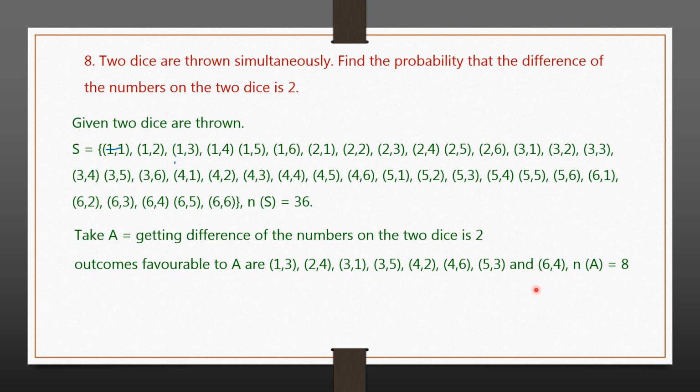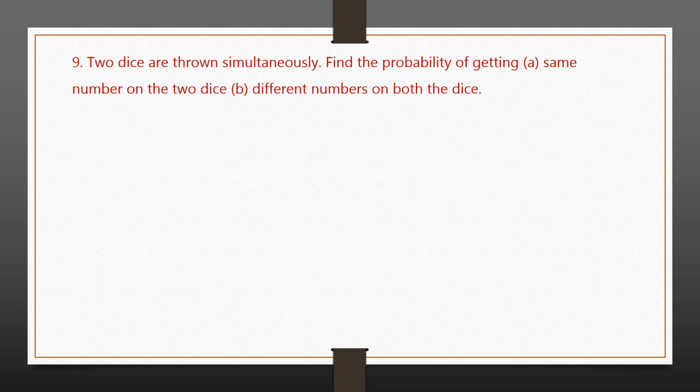Totally 8 outcomes are favorable to A. From this, P of A is n of A by n of S, that is 8 by 36, we'll get 2 by 9. In this way we can solve problems related to dice. Always, to identify favorable outcomes to any event, identify the outcomes from the sample space based on the condition of that event. Let's see one more problem.